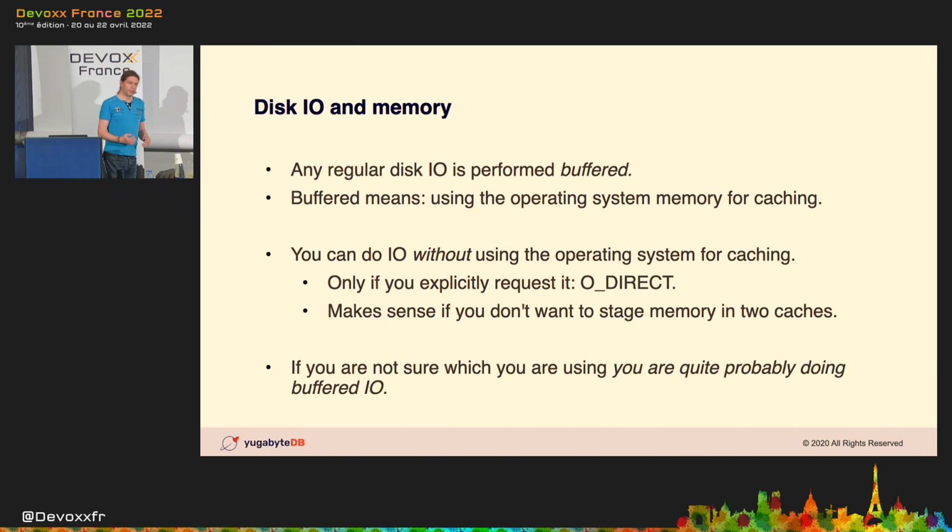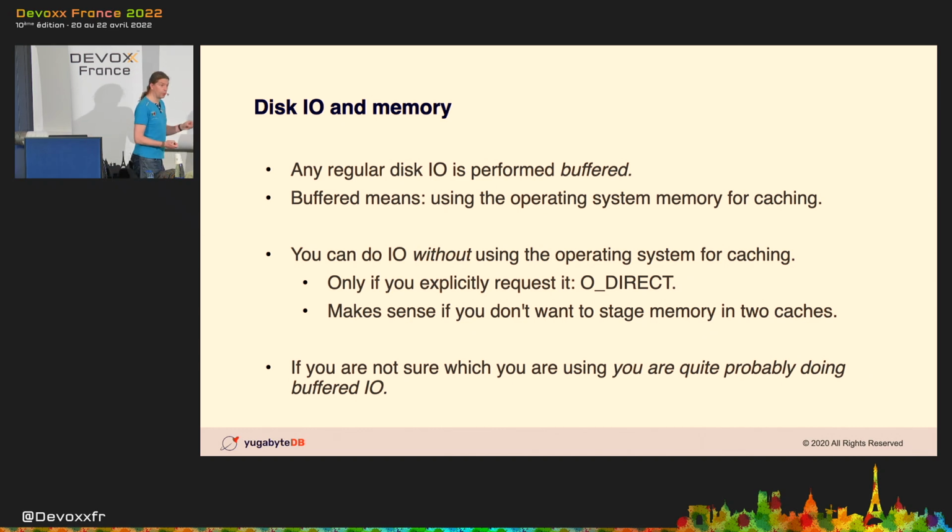If you now are a bit confused and think, how do I find out if my application is doing O_DIRECT or not? If you do not know if it's doing O_DIRECT, then it's probably performing buffered I/O.